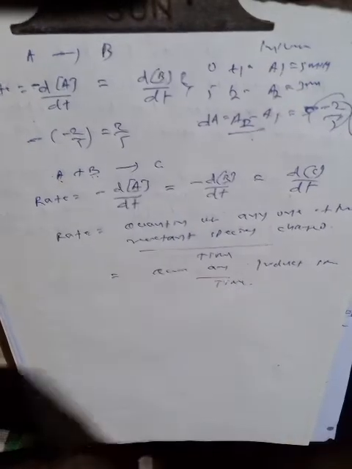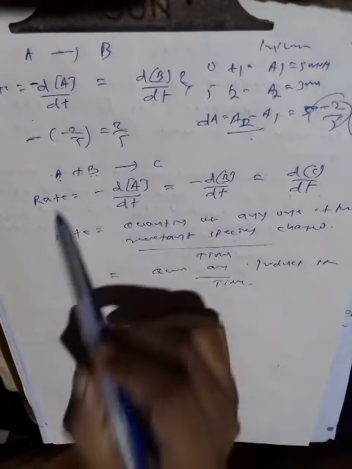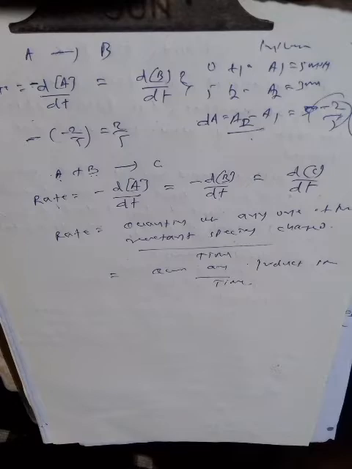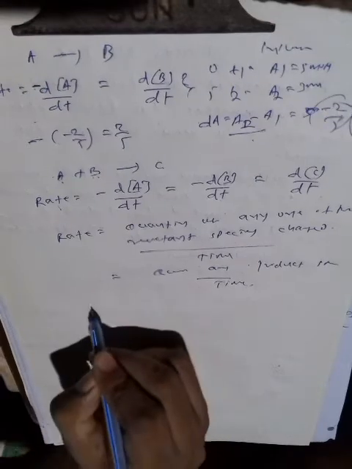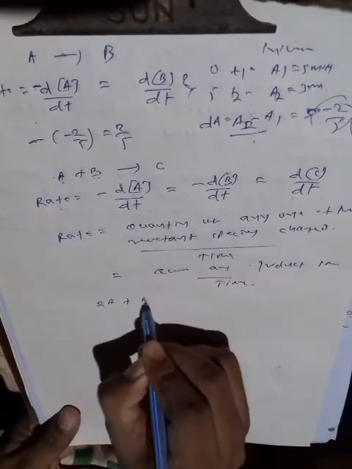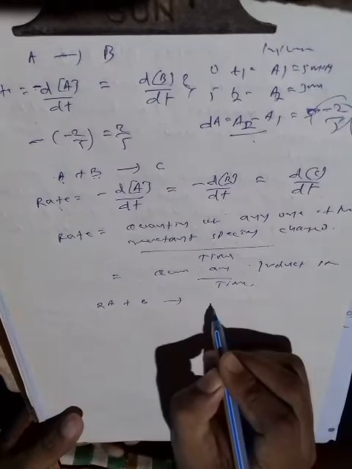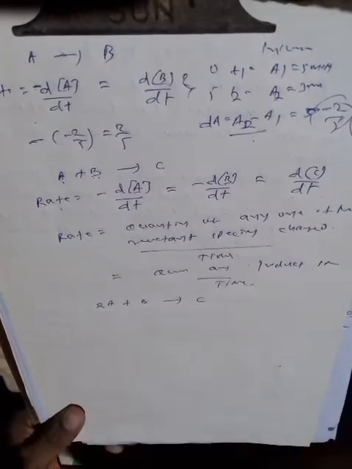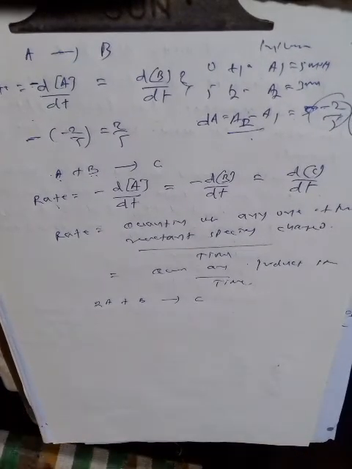If the number of moles of reactants and product are different, then what will we do? Suppose 2 moles of A is treated with 1 mole of B and it forms the product C. This is the general equation.